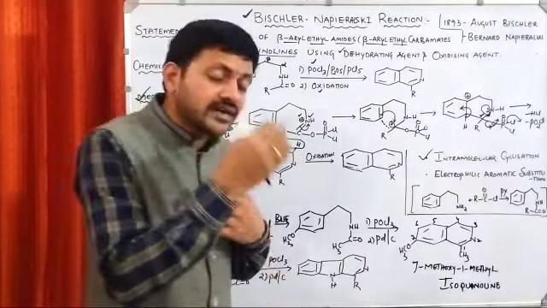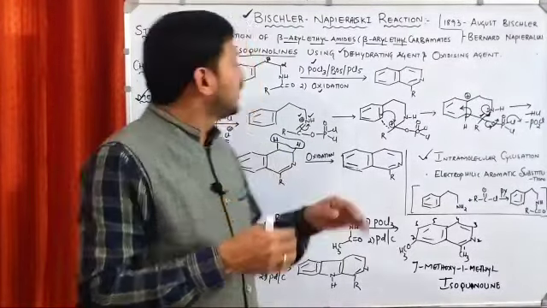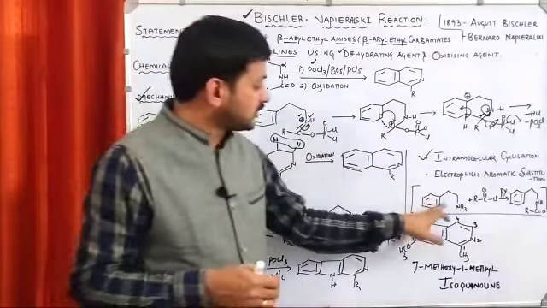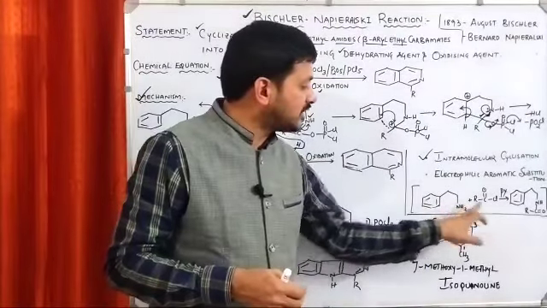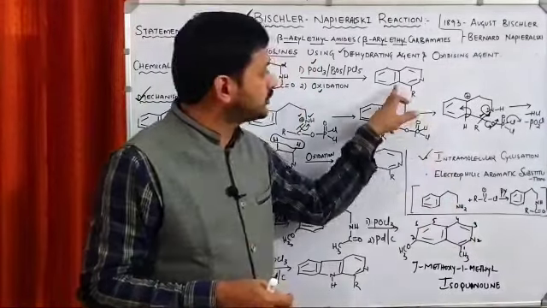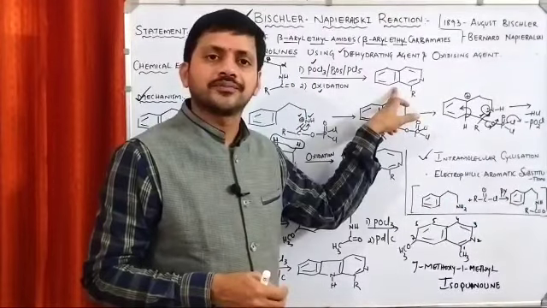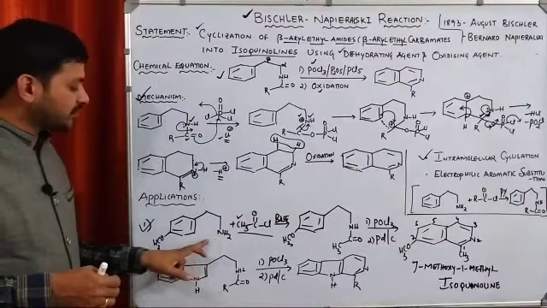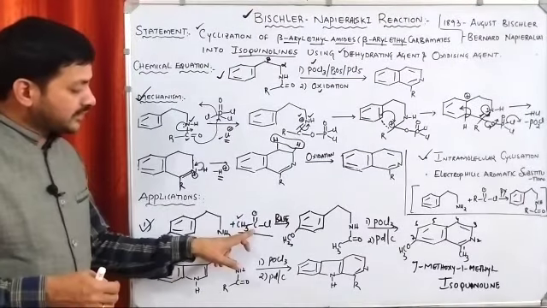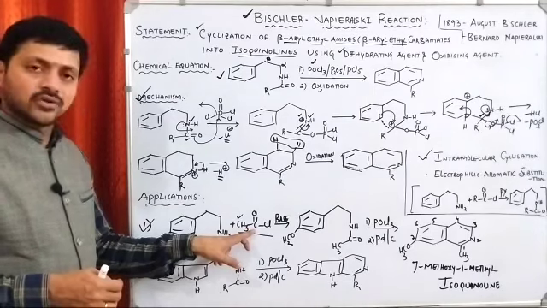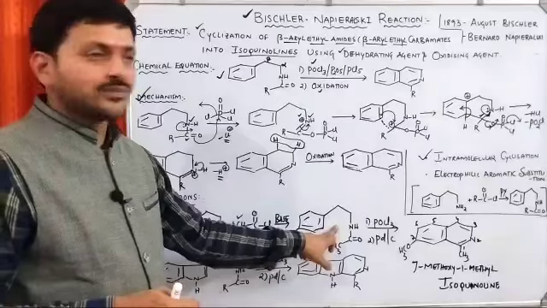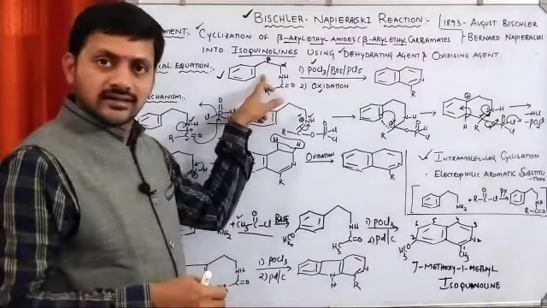In competitive examinations, you may not directly get the reactant. They may give these two reactants. From these two reactants we need to produce the isoquinoline derivative. Okay, so for that purpose we have taken one amine. The amine is going to be treated with acetyl chloride in the presence of a base. Then we are coming up with the beta-aryl ethylamide.